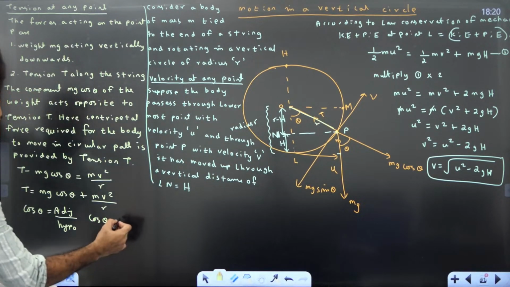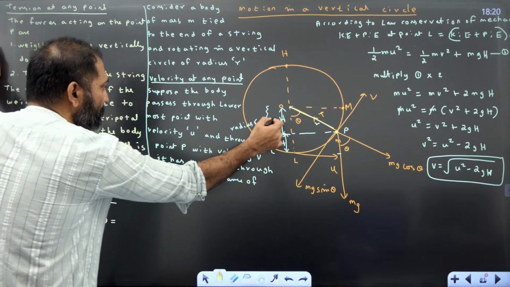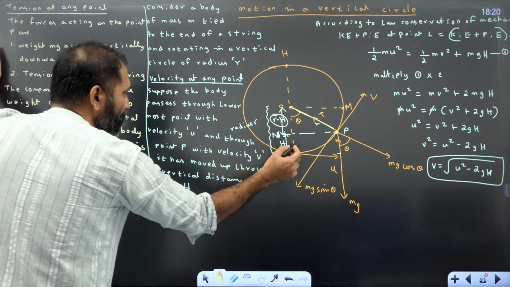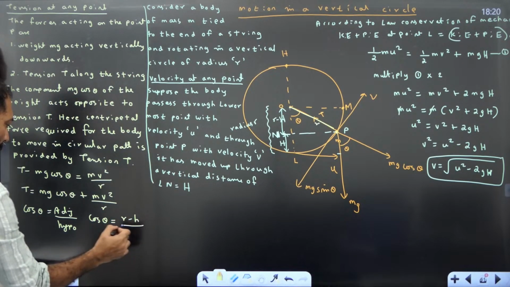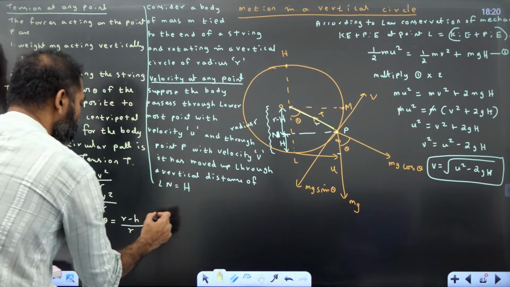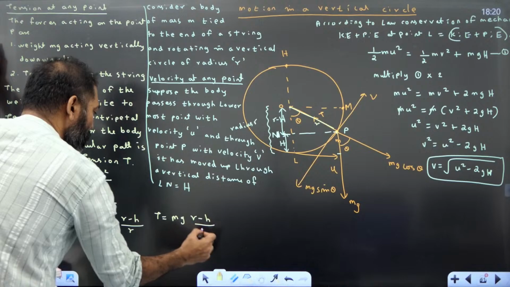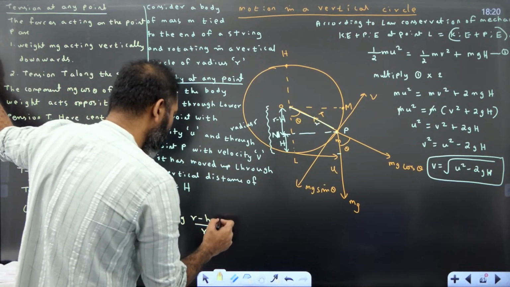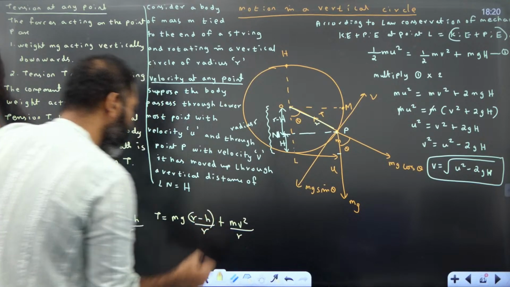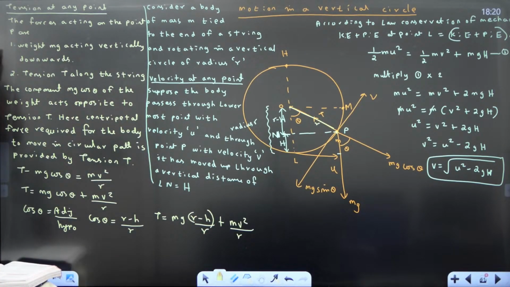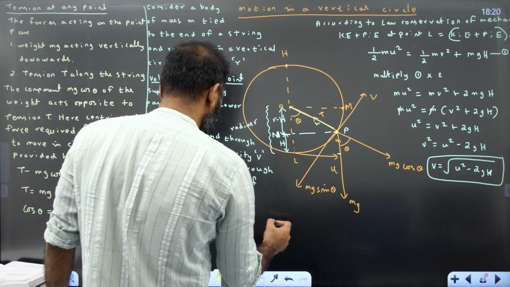So cos theta is equal to R minus h by r. So T is equal to mg into R minus h by r plus mv square by r.